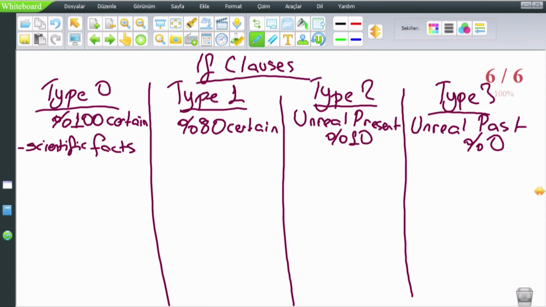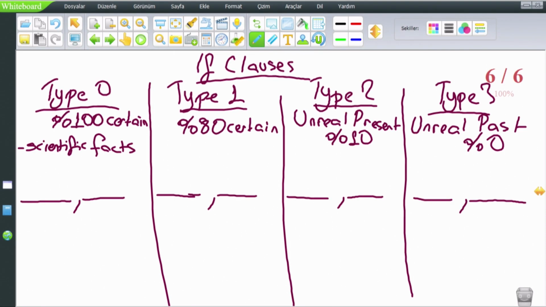In all of these types, we have two sentences. One of the sentences includes if in their sentence structure, and the other one is our main clause. So let's say that this is our if clause and this is our main clause.